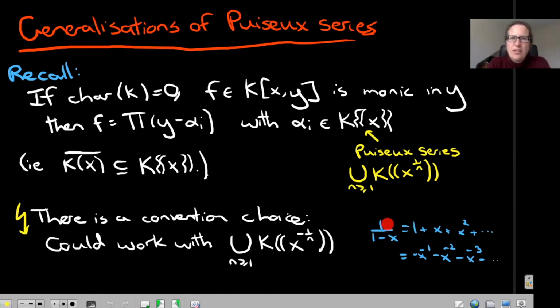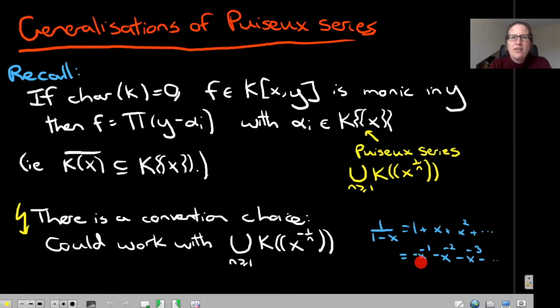If I think about 1 over 1 minus x, you want to say as a power series that's 1 plus x plus x squared, but you could have chosen instead, if working with usual power series, to work with power series that only have negative exponents. So the equivalent of the Laurent series would only allow a finite number of positive exponents.